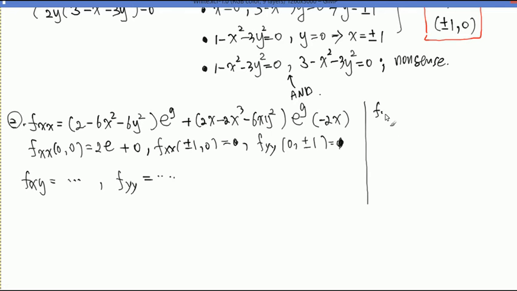And then you go back, and with all 5 values, for each case, we calculate what quantity? fxx times fyy minus fxy squared.